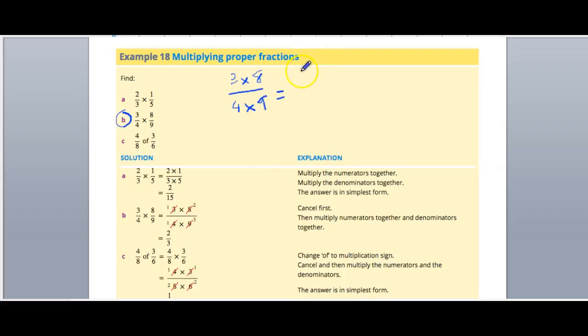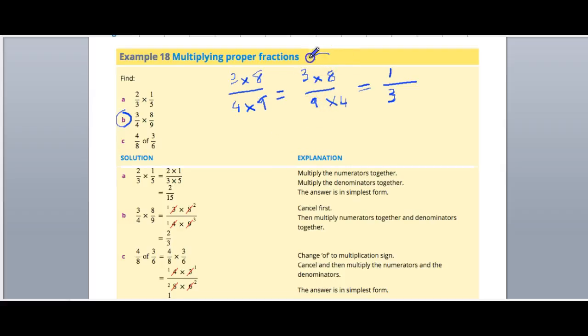If it's easier, I'm going to write the multiplication on the bottom. Instead of having 4 times 9, I'm going to have 9 times 4, so we can see it a bit easier. So 3 over 9, if we divide both these numbers by 3, we're going to have 1 on the top and 3 on the bottom. So basically I'm just simplifying that.